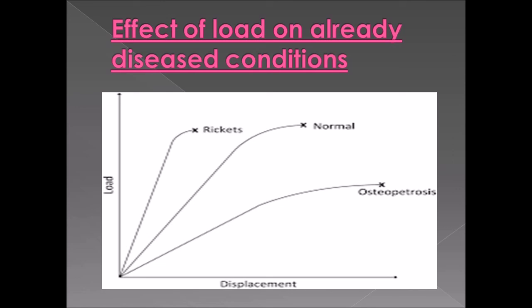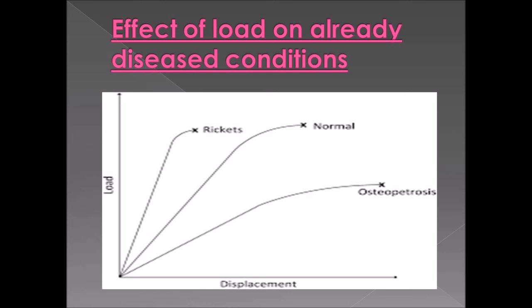Okay, and if the rickets disease is concerned, we can see that the bone can withstand more load, more magnitude, but will not show much deformation. It will show the property of brittle material.